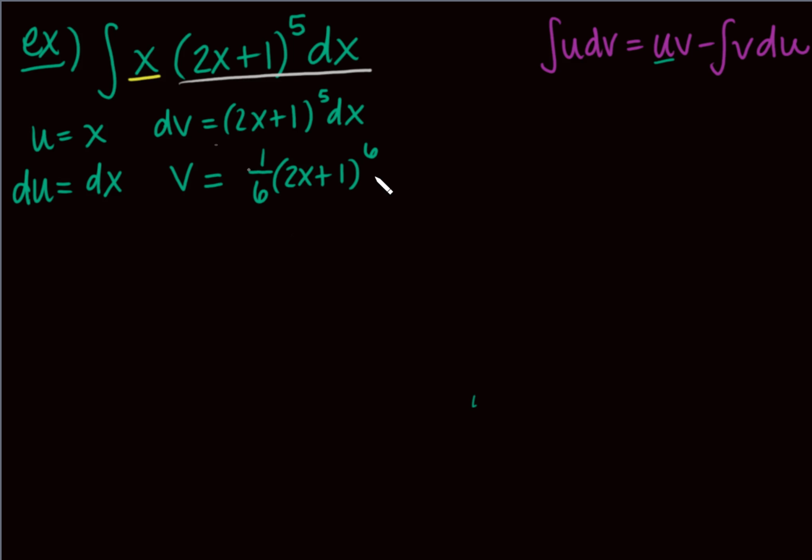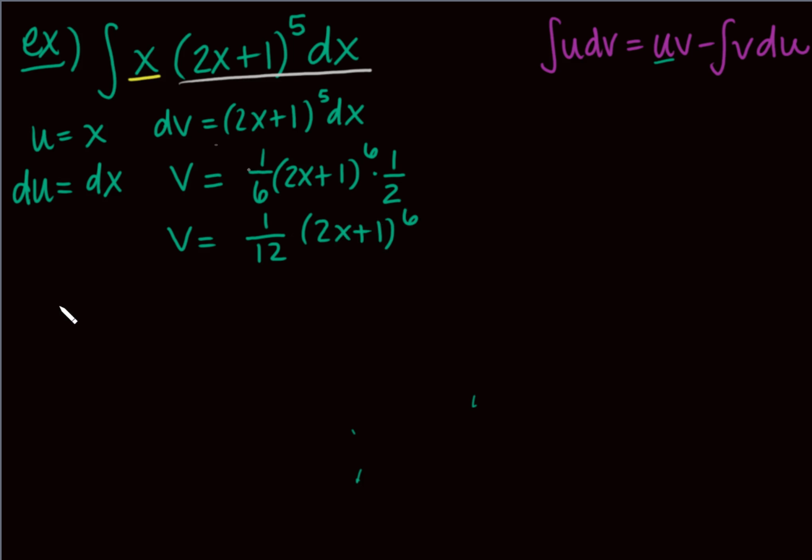But then remember what I have to multiply by: the derivative of the inside, which would be 2. This guy doesn't have an extra 2 out there, so I need to divide by that 2. I need to divide by the derivative of the inside so that when I do the chain rule, they cancel. I hope that makes sense. So what is my v? Or you could just do some substitution as your side work.